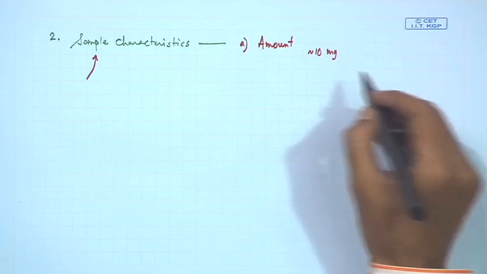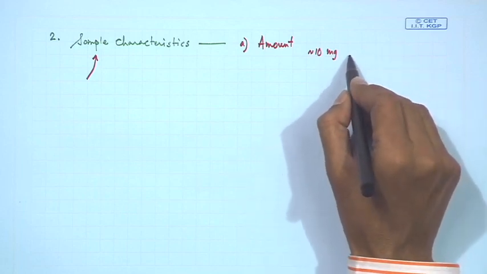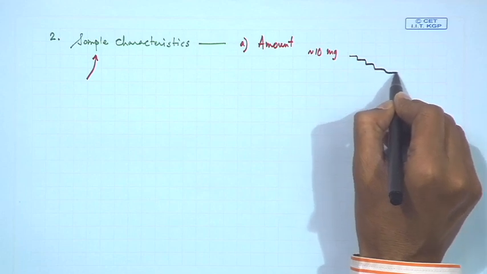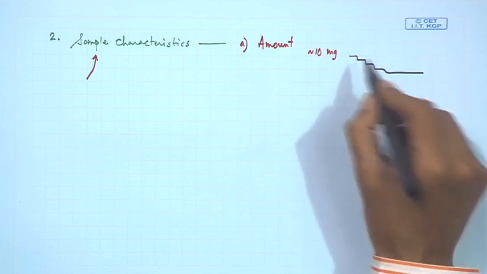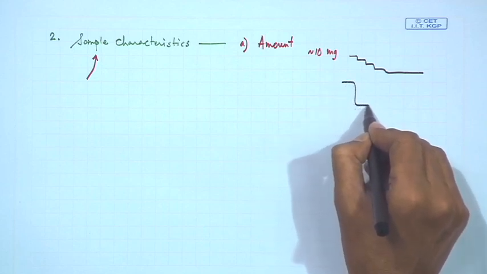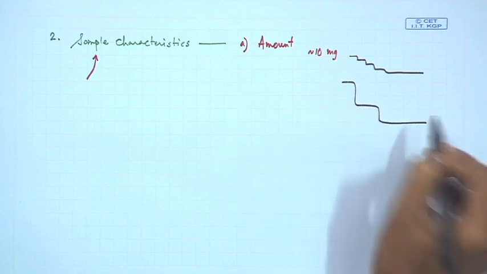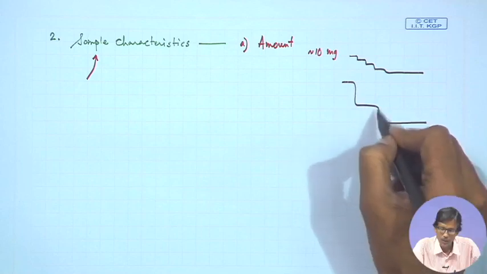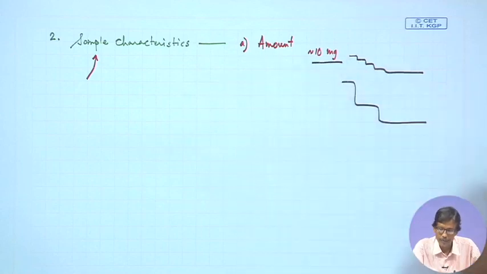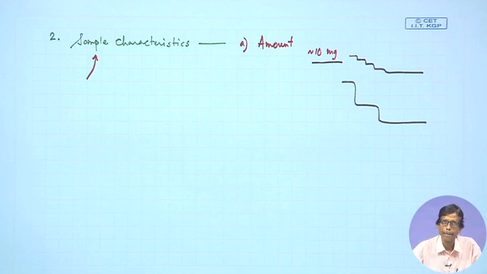So, if the amount of sample is less, we see these staircase type steps are very close by. So, what should we do if the plot is like this, that means your weight loss is more over here and your weight loss is less, depending upon the amount of sample you have taken?